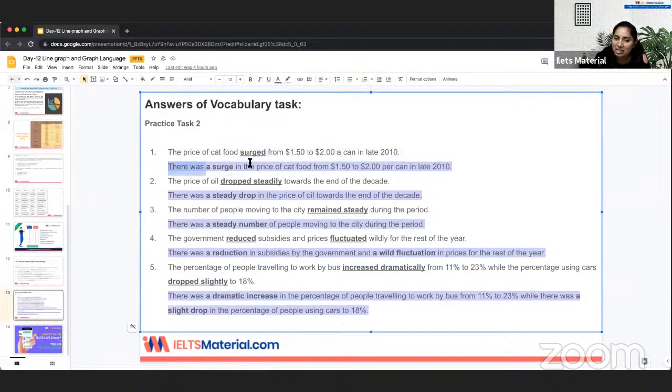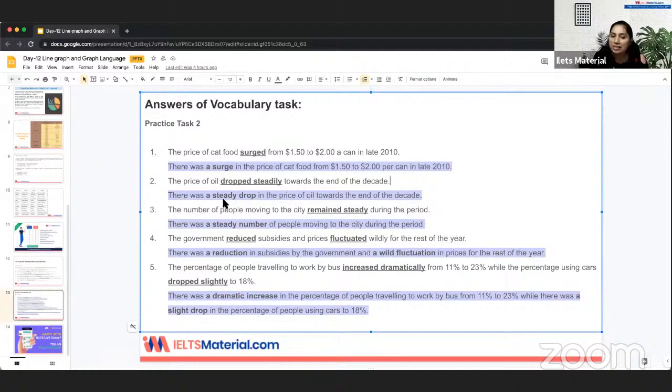This sentence is somewhere taken in the passive voice, changing the subject to the predicate and the predicate to the subject, or taking the subject in a different position, right? So the answer is: there was a surge in the price of cat food, and this particular part is taken in the same way. Okay, next is: the price of oil dropped steadily towards the end of the decade.